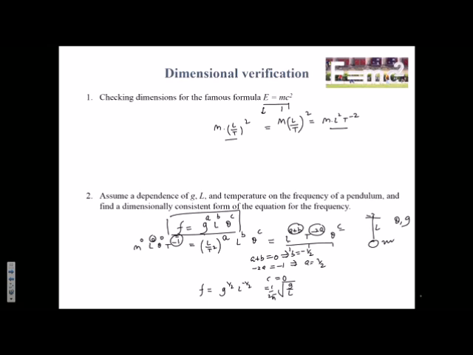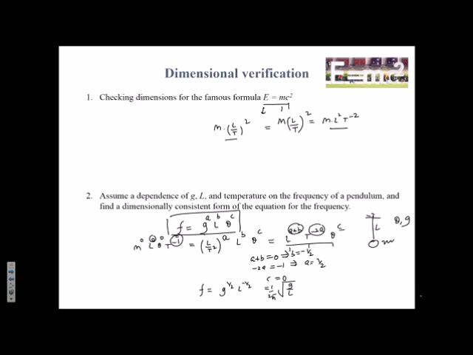That's it. So you're essentially getting a general dependence on some of the input variables, but you're not getting the whole physics. So you can't use the formula that you obtained from the dimensional analysis technique directly, right? Because you don't have that factor of 2 pi. 2 pi is dimensionless, so you'll never get it, right?